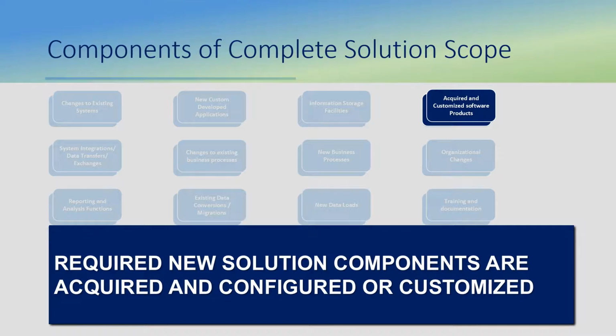Acquired, configured, and customized software products. New software products that are intended to be installed on the organization's IT infrastructure will need to be acquired and then configured or customized. The products required by the solution will need to be ascertained, and the nature of the configurations or customizations will need to be defined.